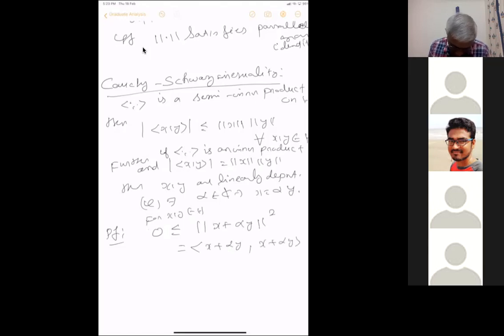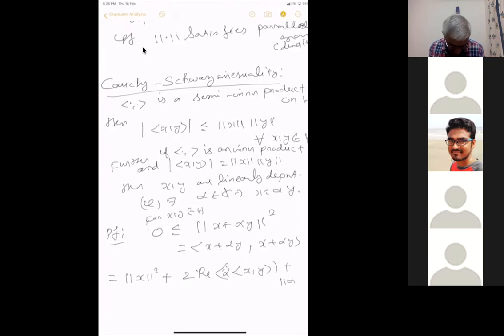Now that is equal to norm x squared plus 2 times the real part of <x, alpha y>, so this alpha may come as alpha bar, alpha bar <x, y>, plus norm alpha squared times norm y squared.